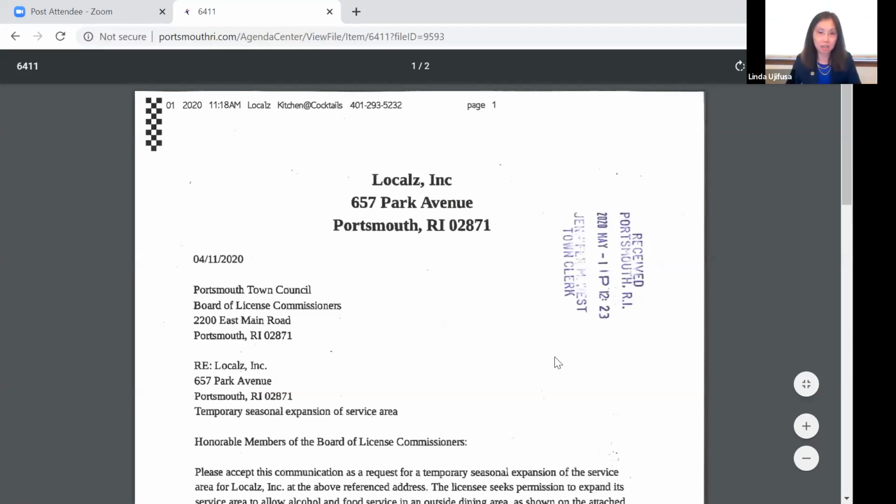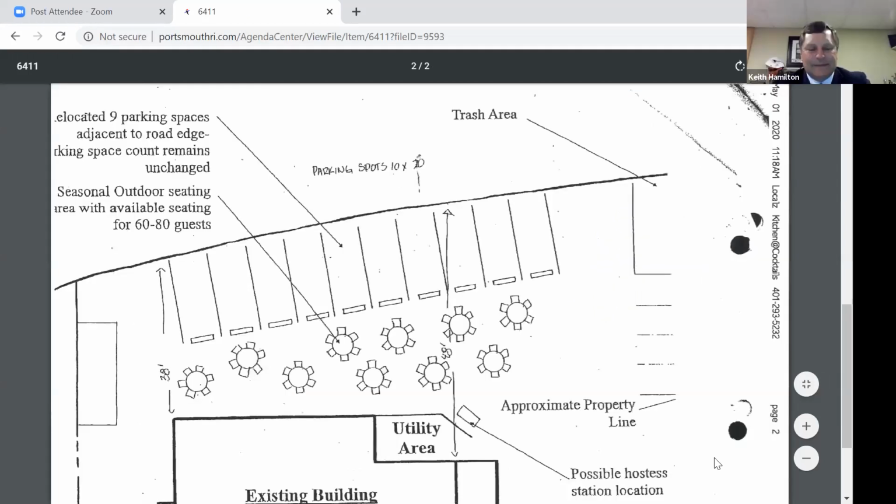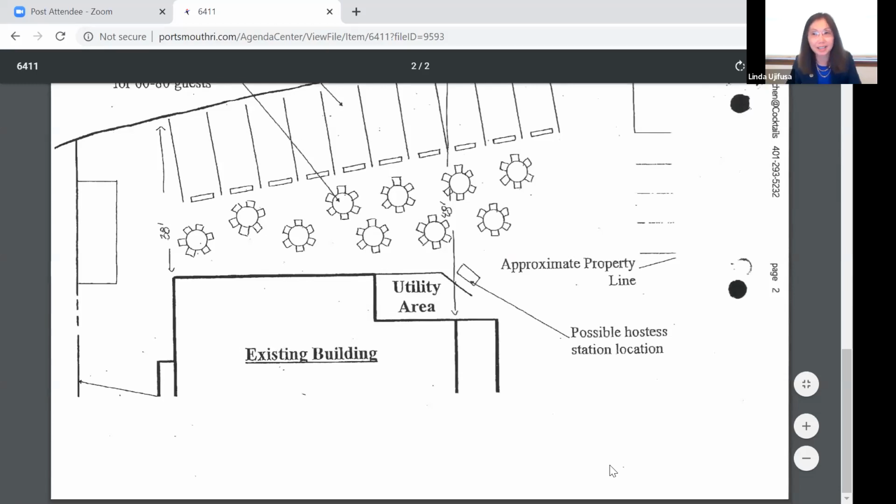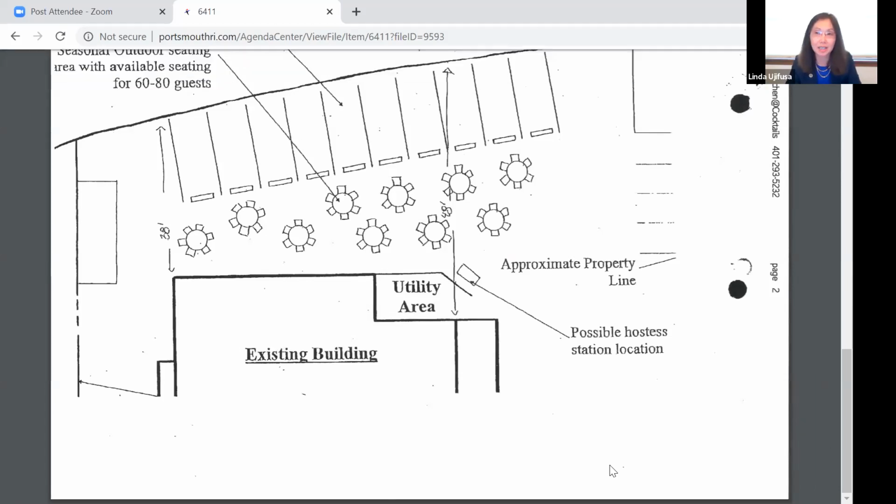Okay. Yeah, we're just waiting for the thing to come up. Go ahead, Ms. Ujifuza. Yeah, so I want to be clear about what we're approving, only because just today, and it's always a moving target, Governor Raimondo gave some instructions about restaurants, and I want to make sure that whatever we approve comports with the requirements she set forth.